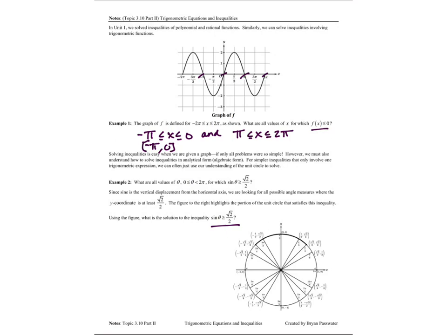So you can't see this, but it's been highlighted here. Yeah, it's bolded. Okay, so we're talking on the interval, and it says greater than or equal to. So the answer here is going to be pi over 4 is less than or equal to x, which would be less than or equal to 3 pi over 4.